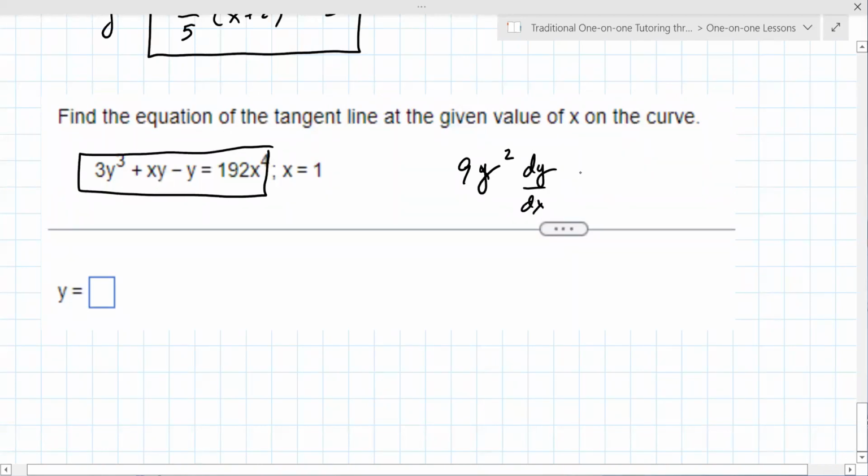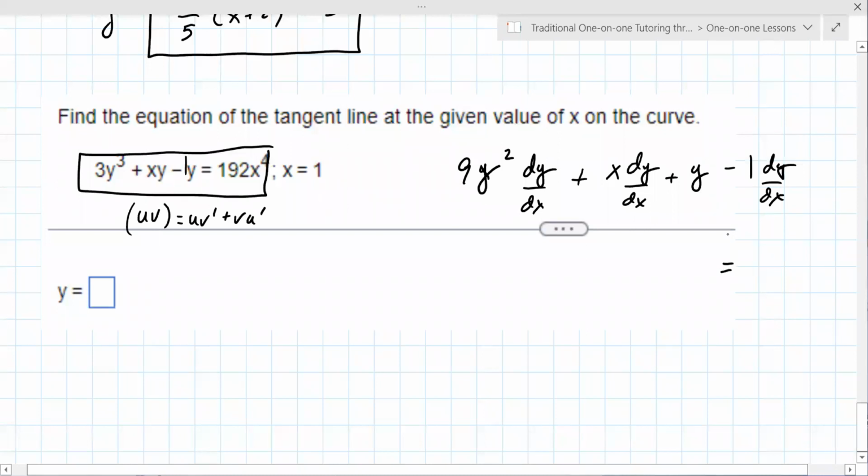And then the middle one, this xy, that's the one that's most problematic. It's really product rule. So it's u v prime plus v u prime, but it gets confusing because it's x and y's. So the shortcut here is it's x dy dx plus y. And then this minus y, the derivative would just be minus 1 if it were x, but you have a dy dx whenever you have a y there.